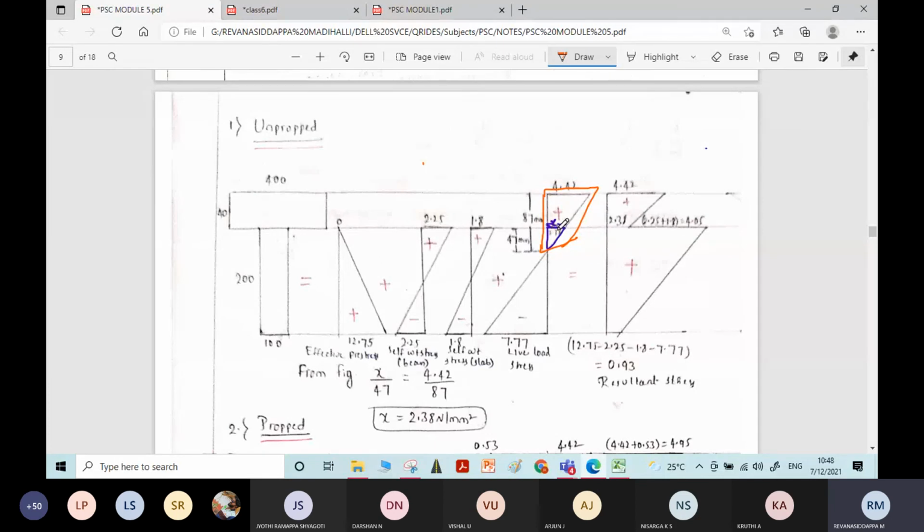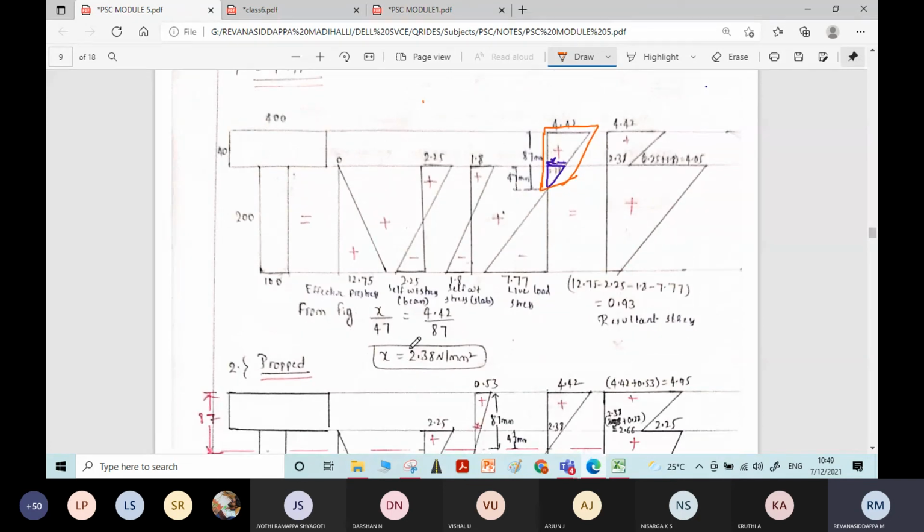The base width of the small right angle triangle divided by its height, x by 47, is equal to the base width of the larger right angle triangle divided by its height, 4.42 divided by 87. 87 is the distance of the centroidal axis that we have identified. If you do this, you will get the value of x.